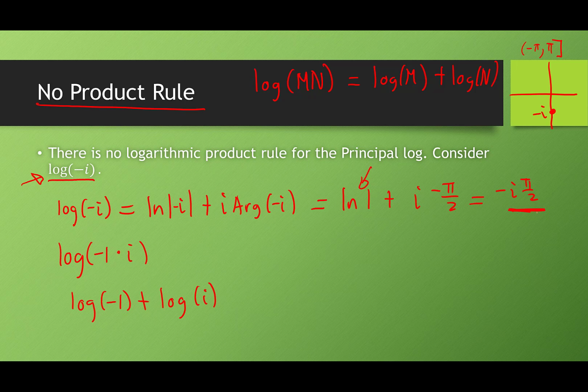Well, log of negative 1 is just ln of the absolute value of negative 1, which is 1, so ln of 1 is 0, plus i times the argument of negative 1, plus the log of i, which is just natural log of the modulus of i, plus i times the argument of i.